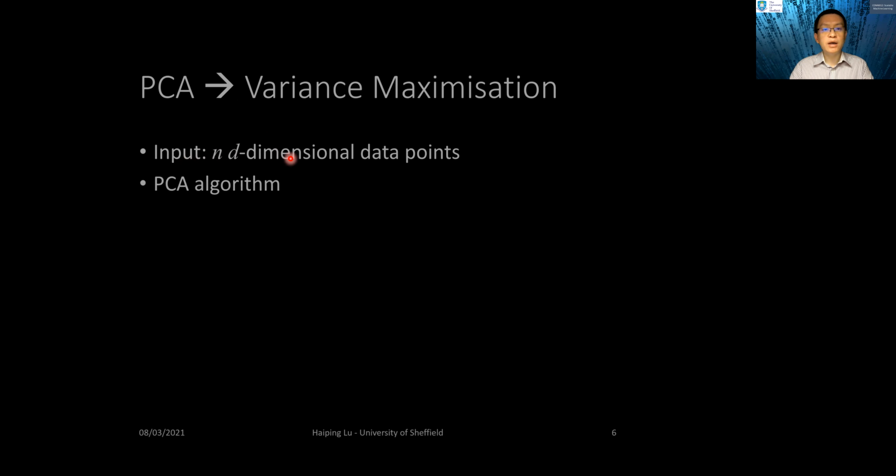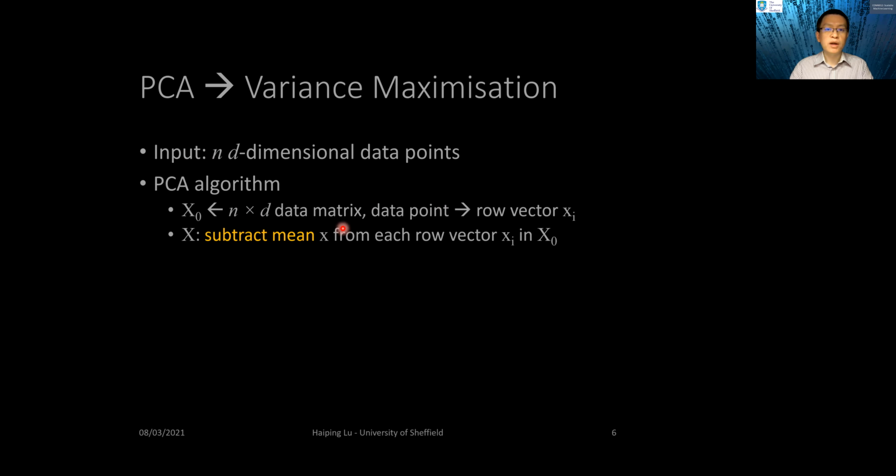The PCA algorithm works by firstly forming a data matrix of dimension n times d, where each data point becomes a row vector in this matrix. Then we compute the mean from these rows and subtract this mean from each row vector. This is called centering.